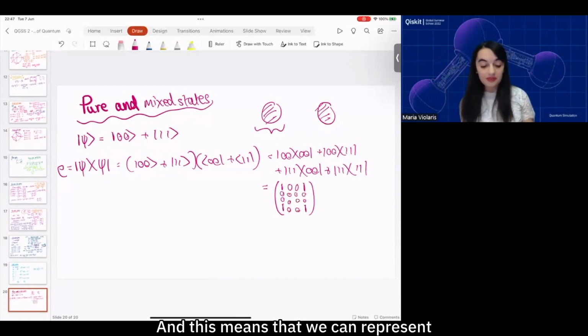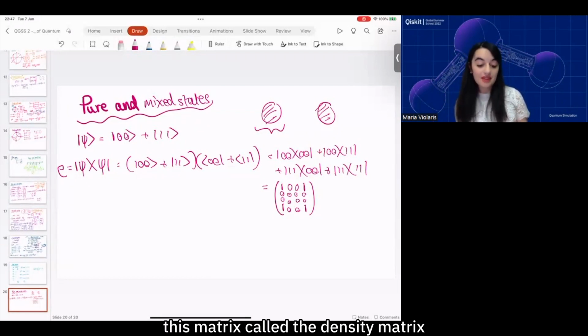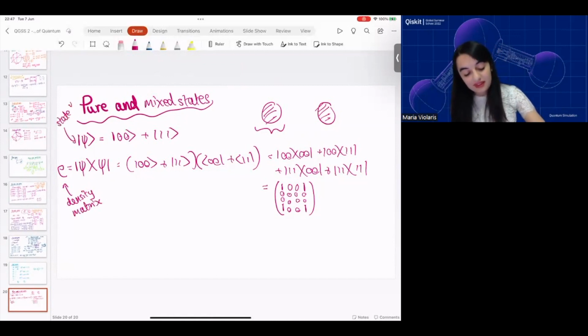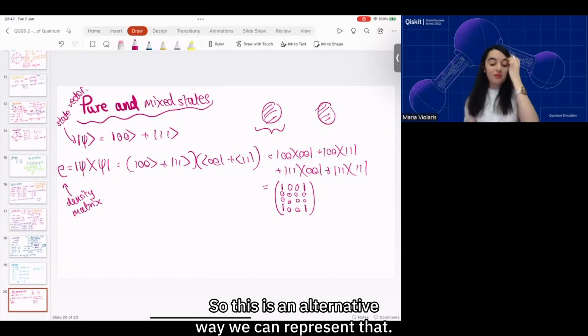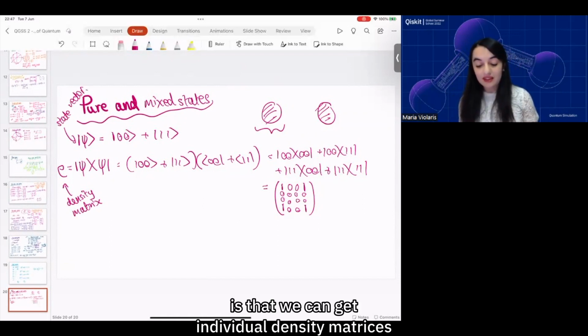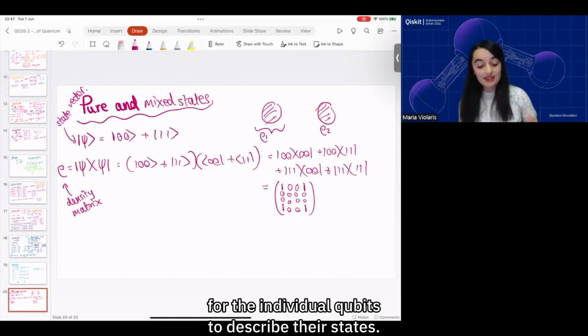And this means that we can represent our overall state of the two qubits using this matrix called the density matrix, instead of the ket notation, which we call the state vector. So this is an alternative way we can represent that. What's useful about this is that we can get individual density matrices for the individual qubits to describe their states.